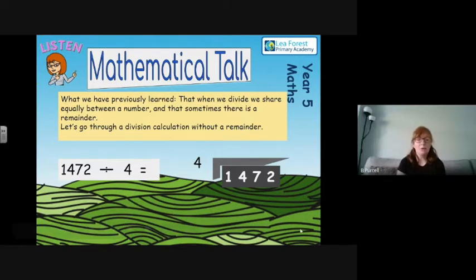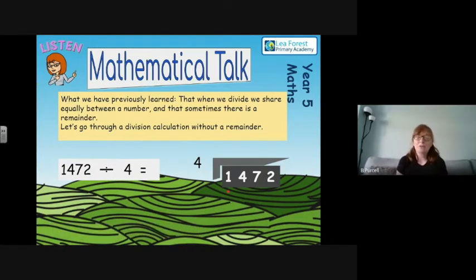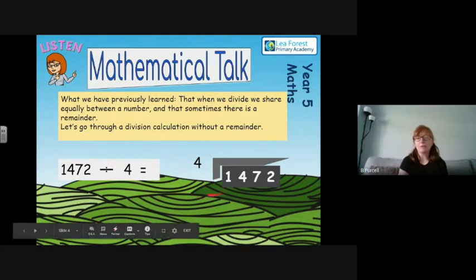I know my bus shelter isn't entirely accurate, but it was an easier way to create one. So I have 4, the number I am dividing by, on the outside of my bus shelter. The number that I am dividing goes inside the bus shelter.